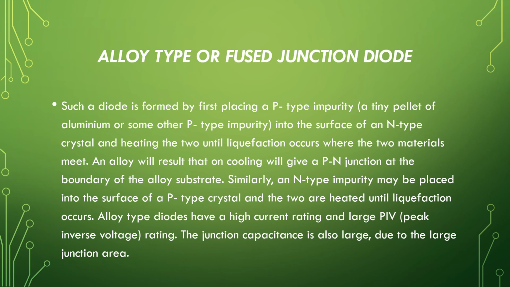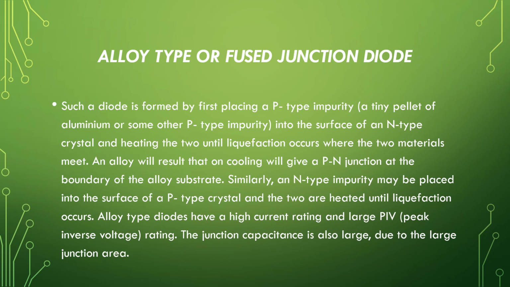Next is the alloy type or fused junction diode. Such a diode is formed by first placing a p-type impurity, a tiny pellet of aluminium or some other p-type impurity, on the surface of an n-type crystal and heating the two until liquefaction occurs where the two materials meet. An alloy will result that on cooling will give a p-n junction at the boundary of the alloy and substrate.